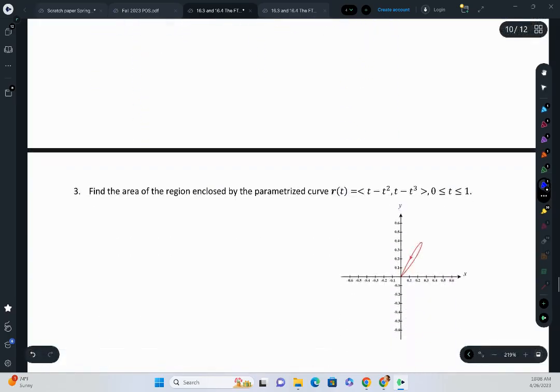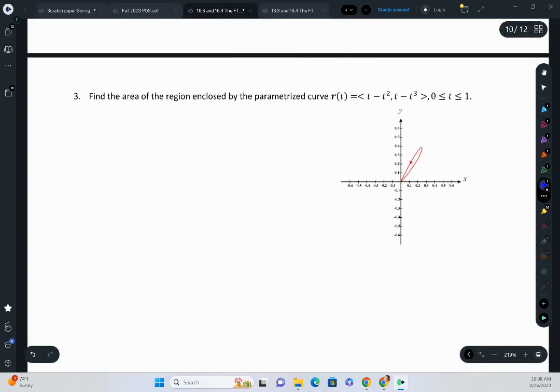Okay. All right. The next example is for us to see how we can find the area of a region that is enclosed by a parametrized curve. And so this is going to be using Green's theorem in the opposite way.